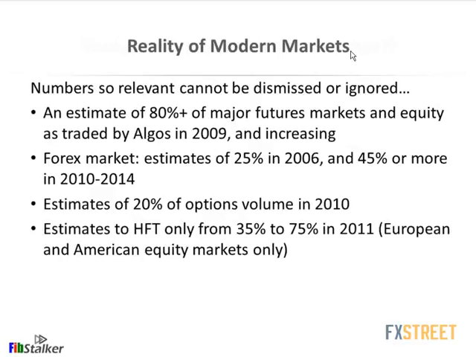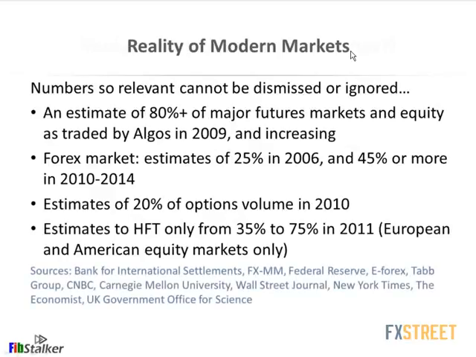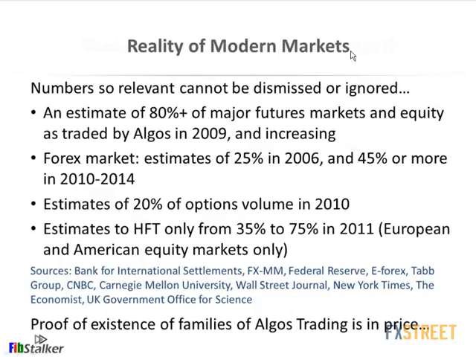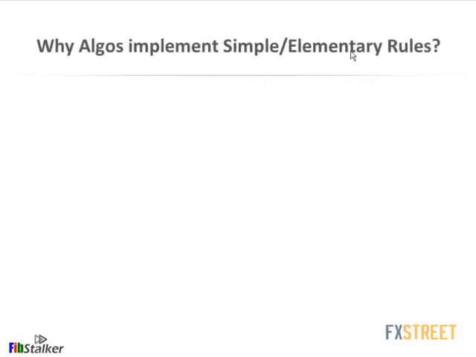So as you can see here, 80%. The volumes are very high. Between 35% and 75% for high frequency trading. So these are the sources. The numbers are so relevant that they cannot be dismissed or ignored. The proof of existence of families of algorithms is impressive. I'm going to show you later on.